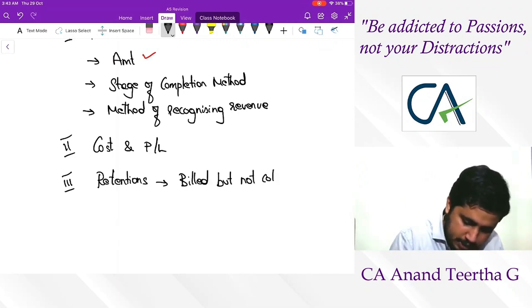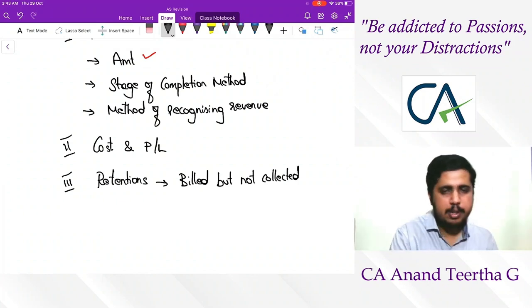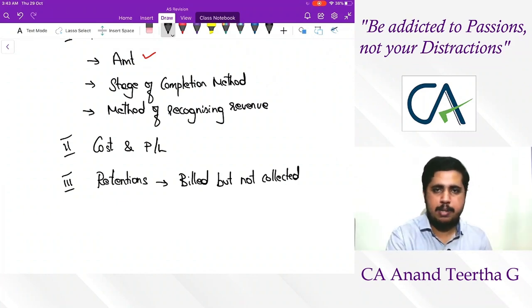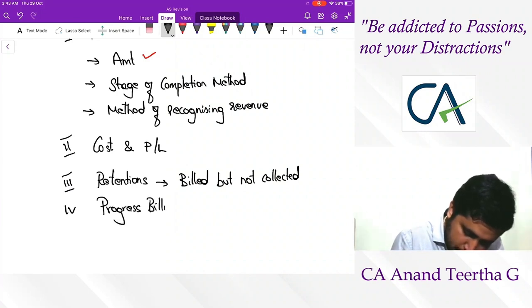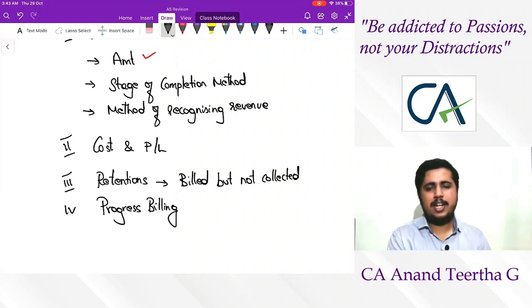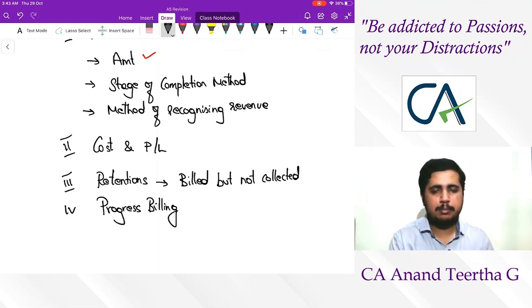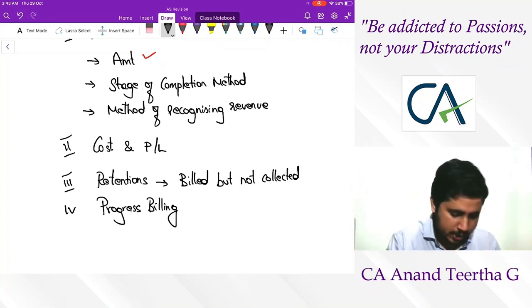Maybe due to certain conditions, maybe any reason, but billed but not collected, you call them retentions. Then fourth one, progress billing. This basically means how much is billed till date. So how much of the contract is billed to the contractee and how much is supposed to get collected from them. That is progress billing.